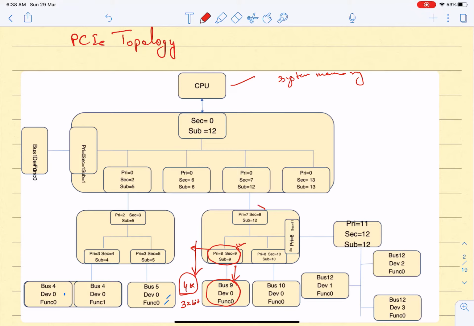For this particular bridge, the memory range needs to be configured depending upon the memory requirement of these 3 bridges and in turn of these PCI devices. We will discuss how it happens next.